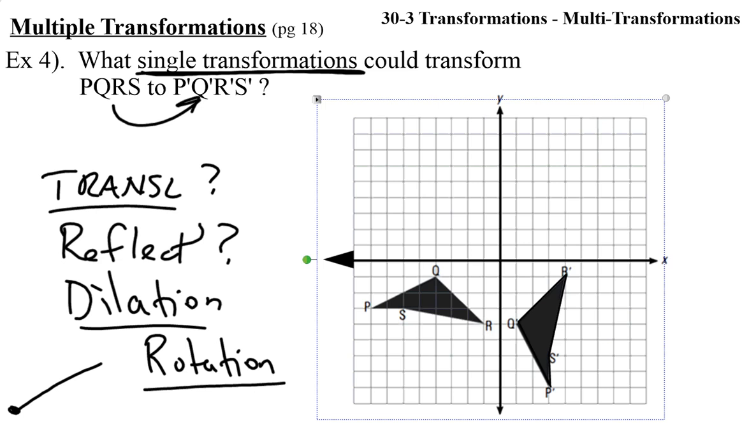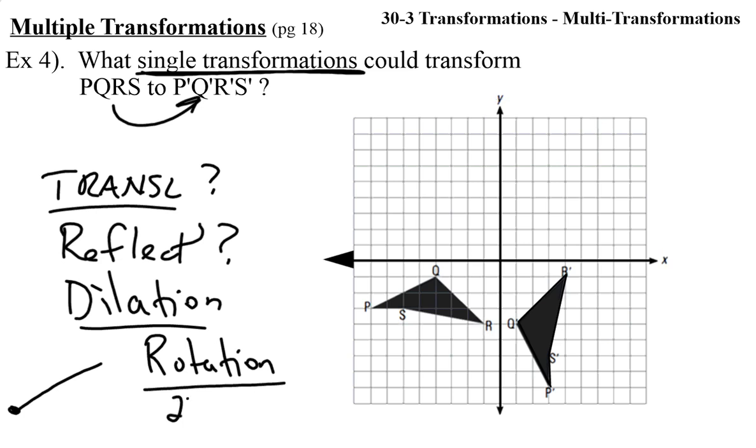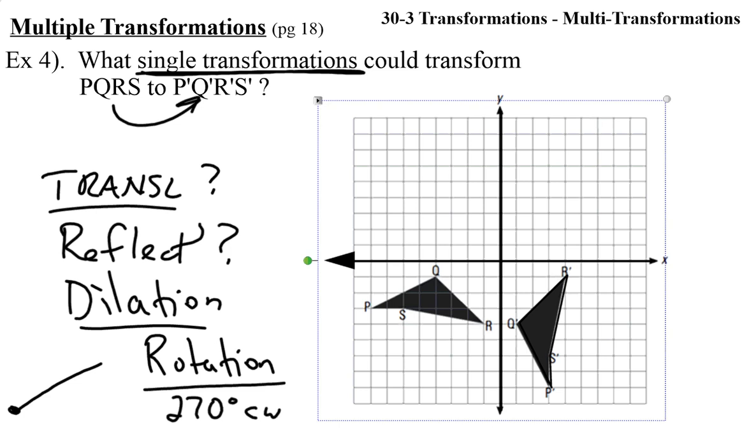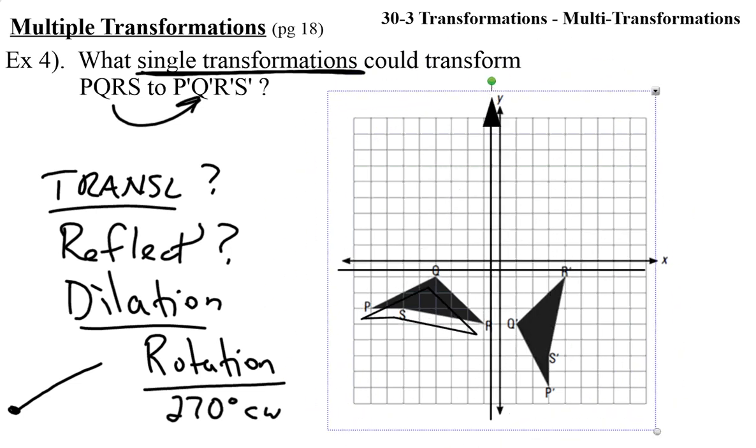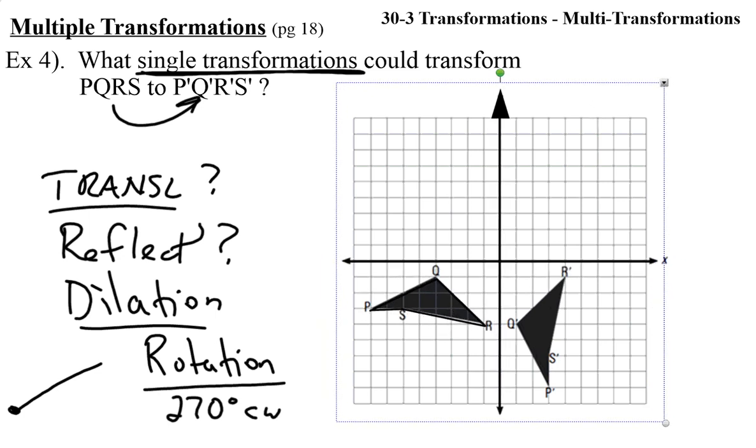That particular rotation was 270 degrees clockwise. If I go back 270, I get back to the original, but I just have to clean that up. It's not a perfect square that I'm working with.